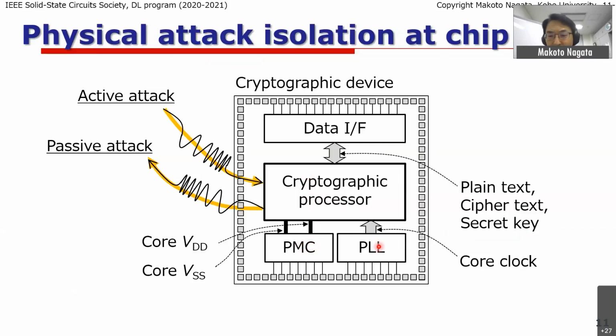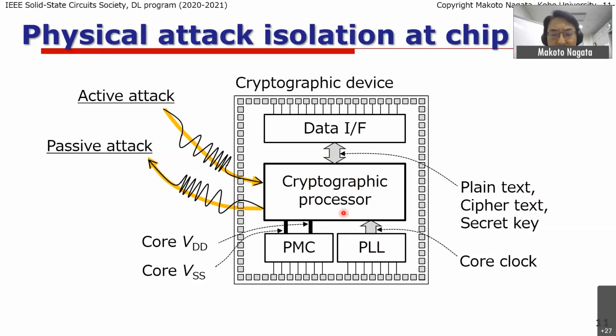Or they may use a PLL to provide the proper clock signal given to the processors, and the data interface should also be carefully designed. Those circuit constructions can be quite helpful for the designer to protect the cryptographic engines from the attacker.